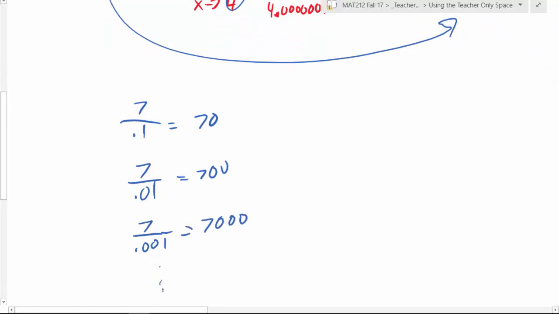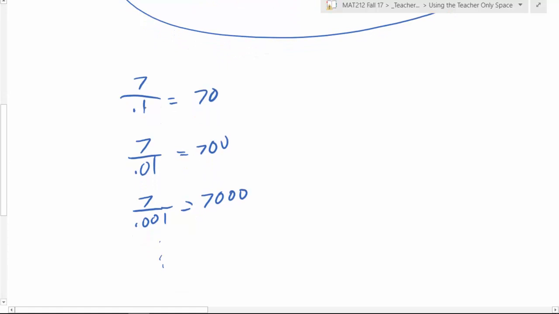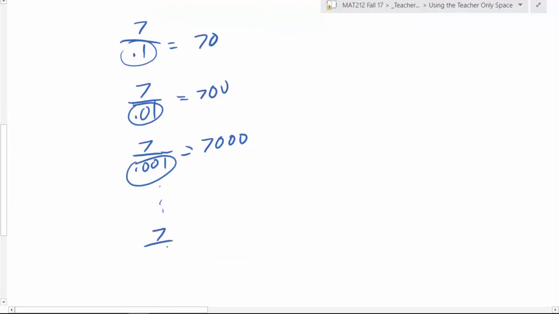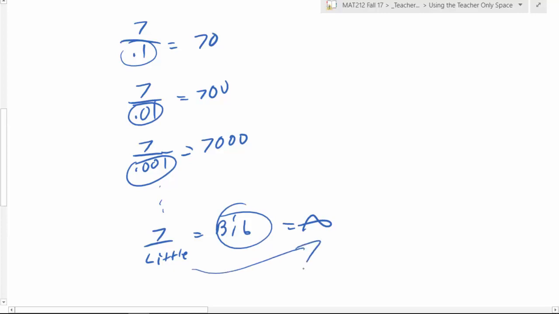If we continue this forever, you can already probably see the pattern: as these numbers get closer and closer to 0, when we divide by something little, our answer is getting bigger and bigger, so therefore it is going to get big. And as I described earlier, big is the concept of infinity. So a number divided by something little makes infinity.